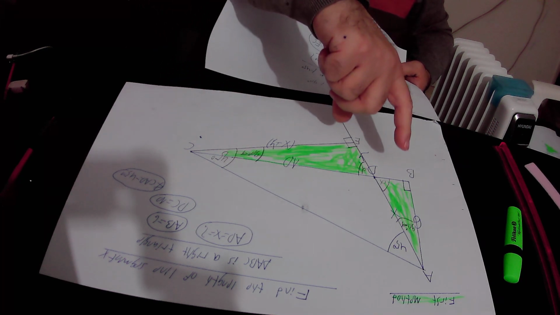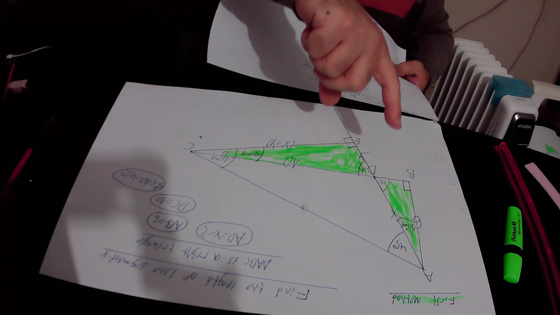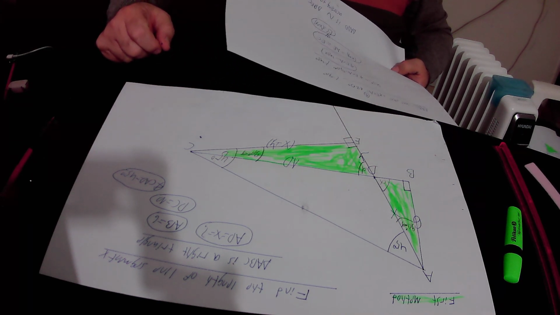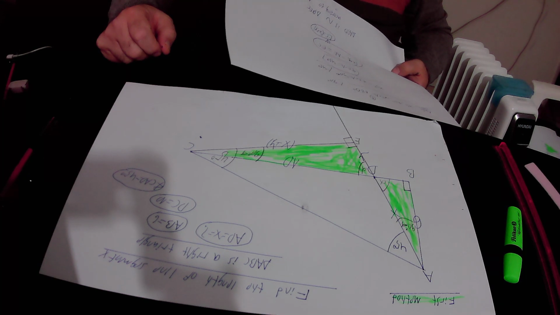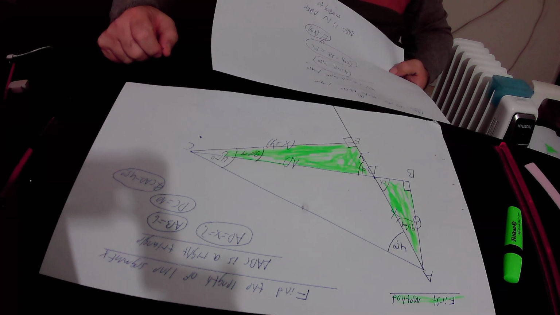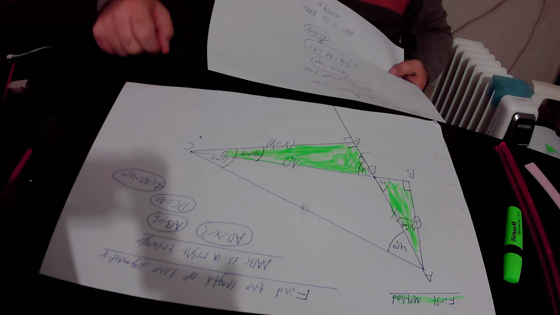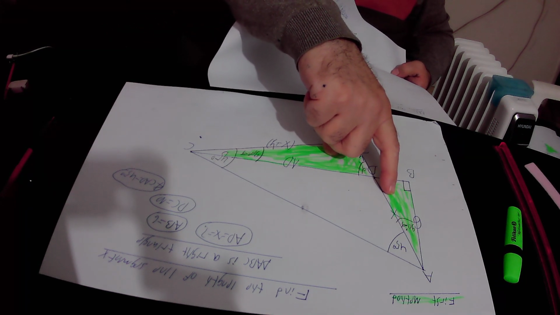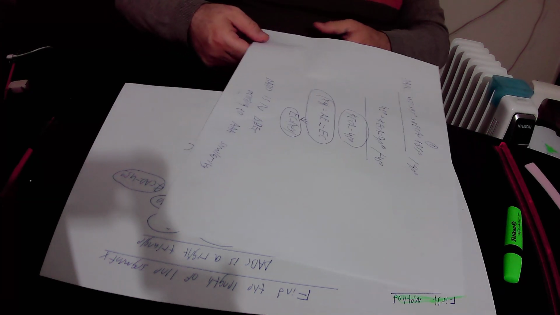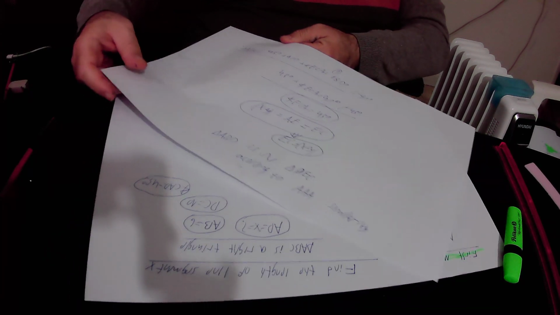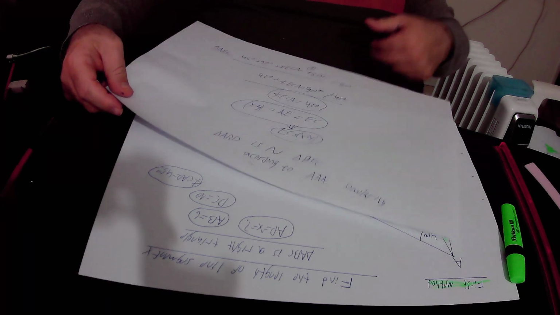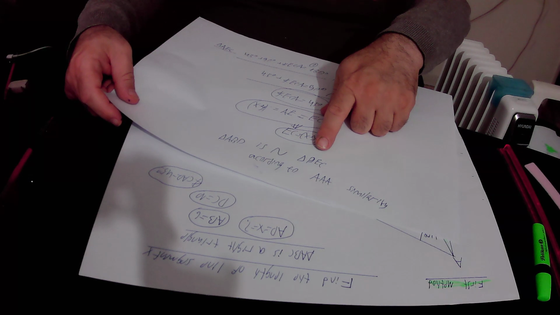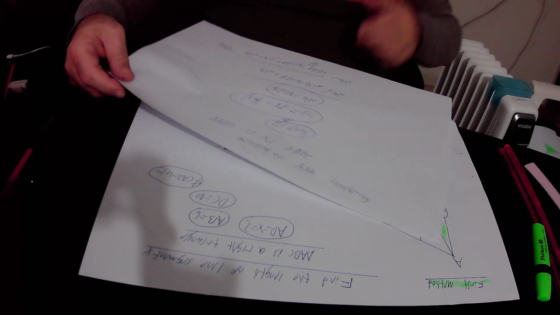So we found that all the angles in those two green right triangles are equal to each other, and therefore those two green triangles are similar according to the angle similarity rule. Right triangle ABD is similar to right triangle DEC according to the angle similarity rule.